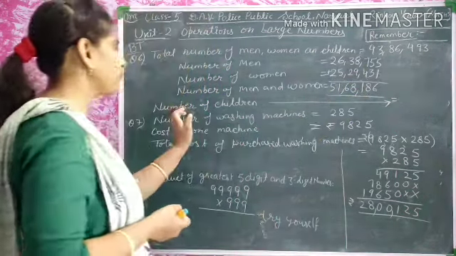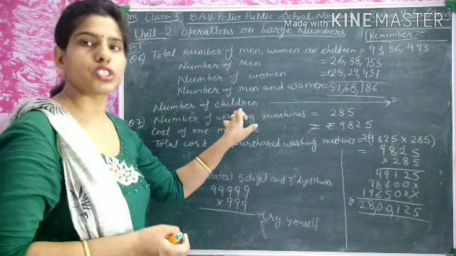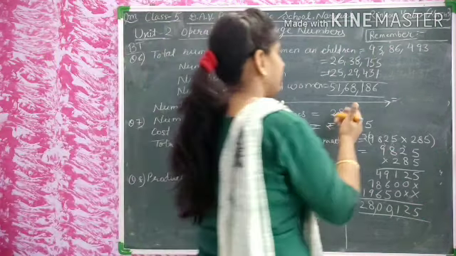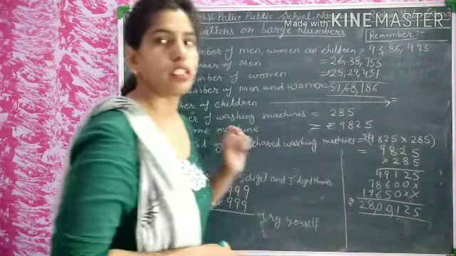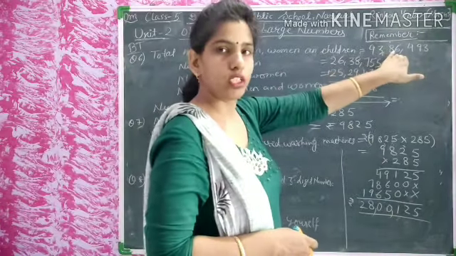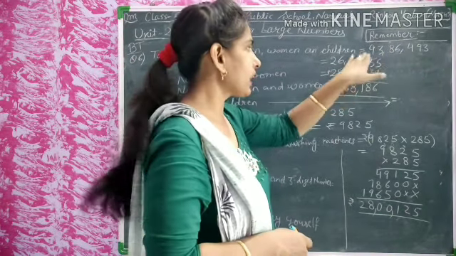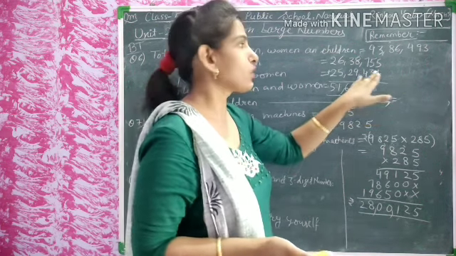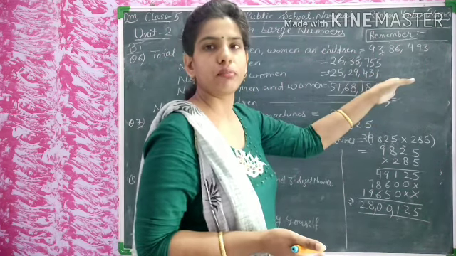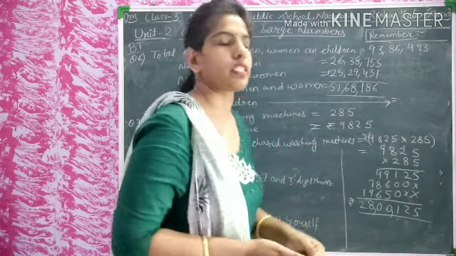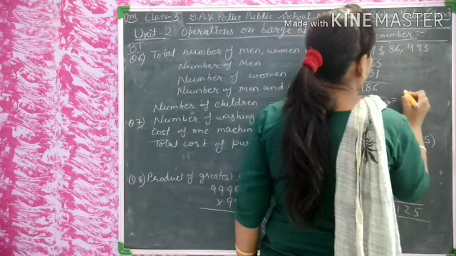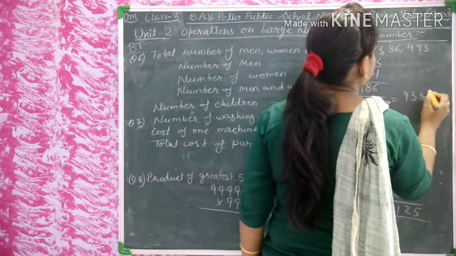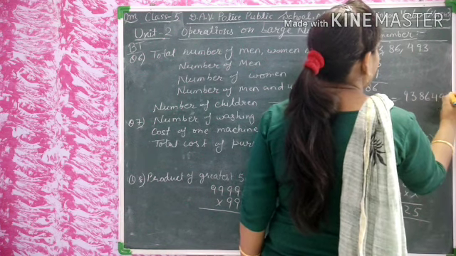Now we have to find the number of children. The number of children is this. How do you find the number of children? These are the total number of people, and there are men and women. The remaining are children. So for the remaining or left numbers, we have to do the subtraction. So subtract here 9, 3, 8, 6, 4, 9, 3.